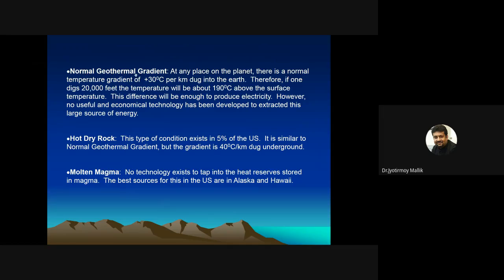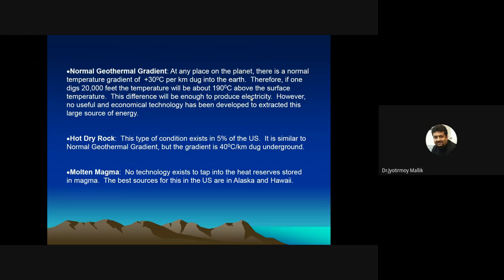Now, normal geothermal gradient. At any place of the planet, the normal geothermal gradient is around 30 degrees centigrade per kilometer. Therefore, if one digs 20,000 feet, the temperature will be 190 degrees centigrade above the surface temperature. This difference will be enough to produce electricity.